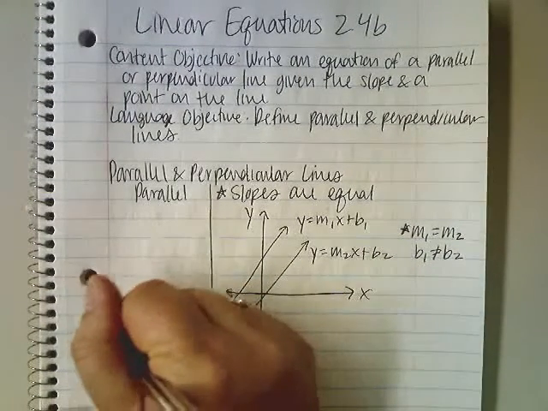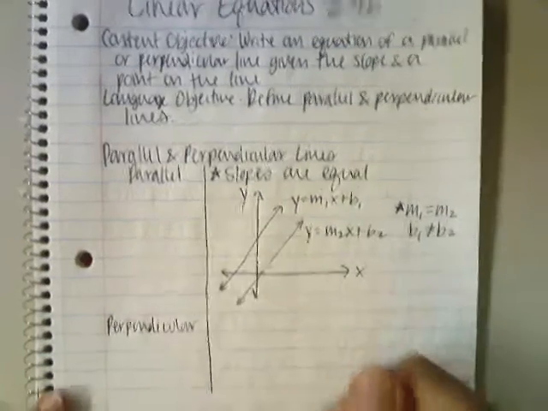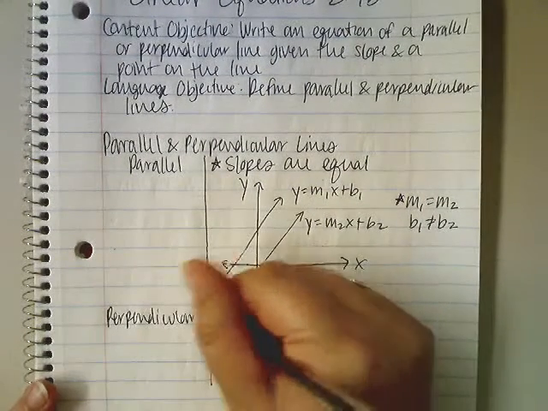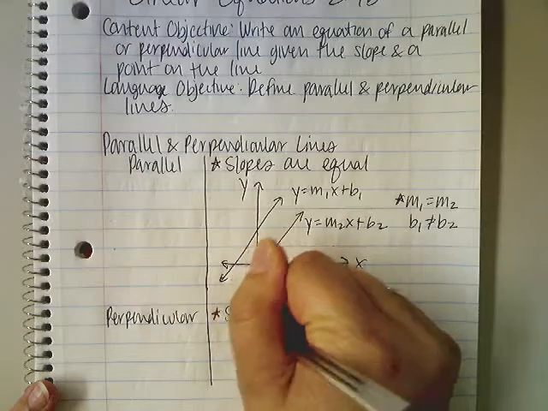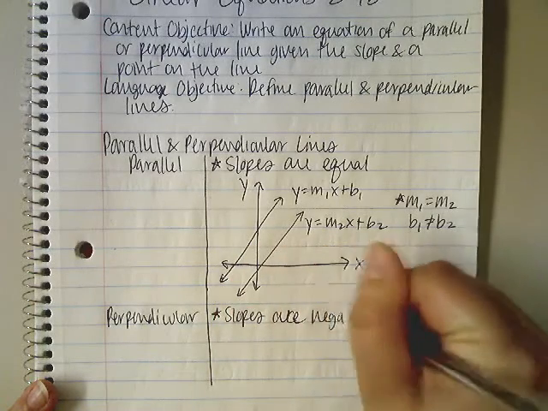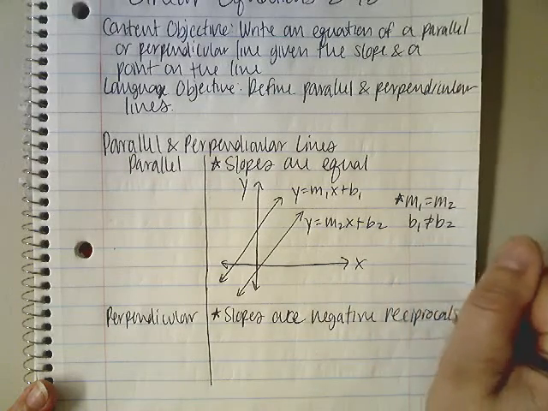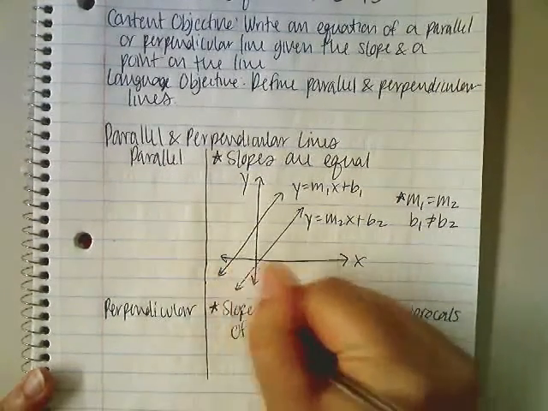Perpendicular lines are the opposite. So perpendicular lines, the slopes are negative reciprocals of one another.